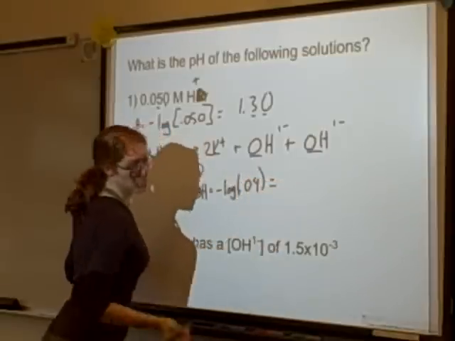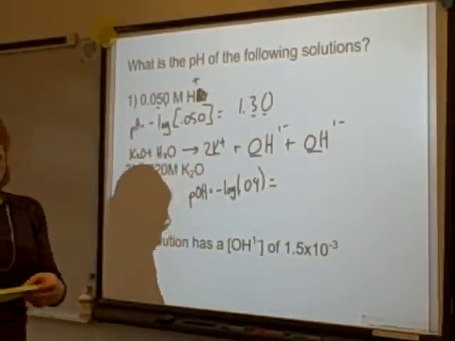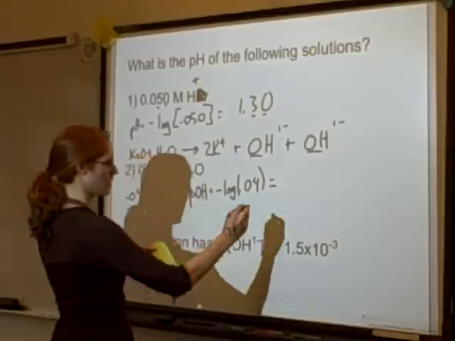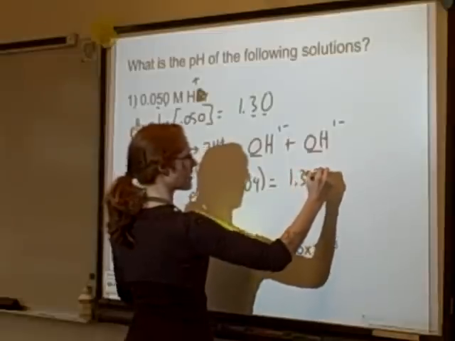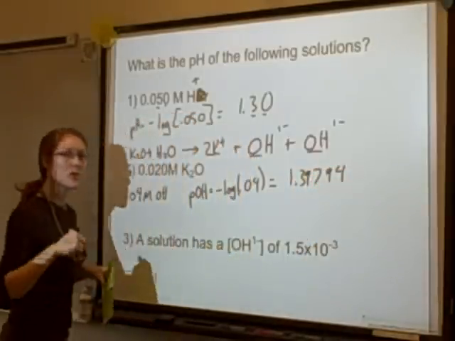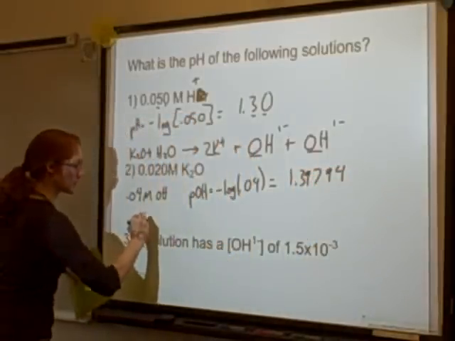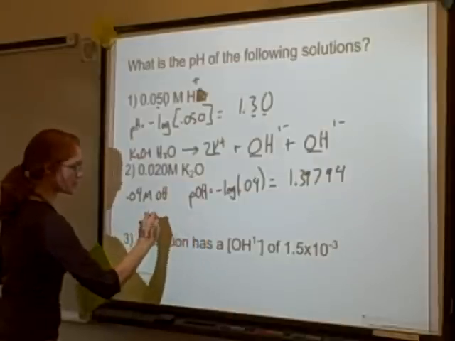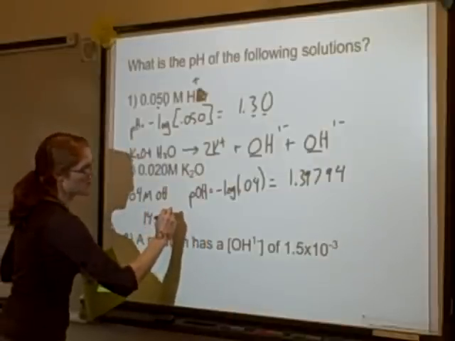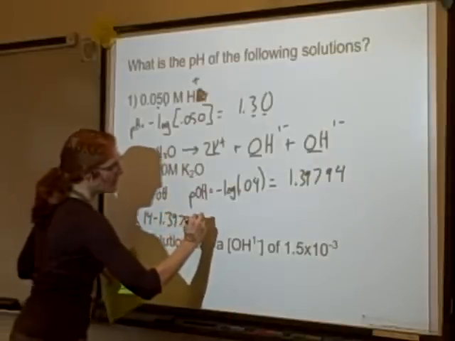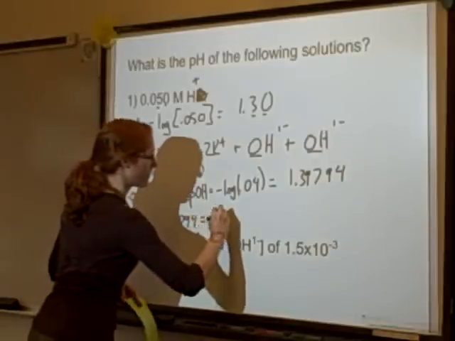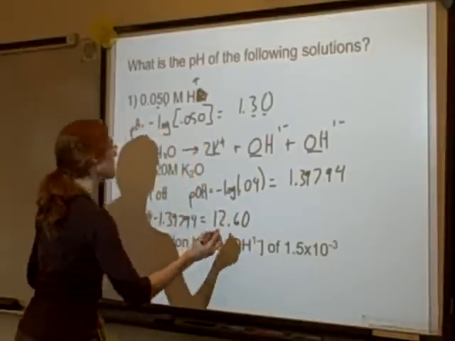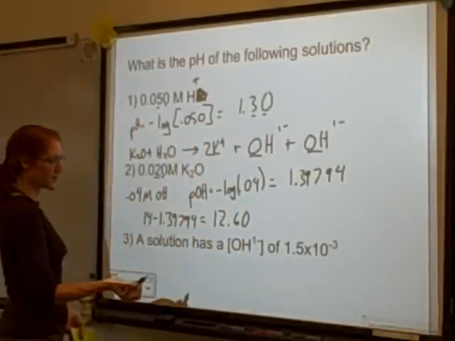I type that in, and I can see the pOH is going to be 1.3979. And again, I know pOH and pH add up to 14, so 14 minus the pOH gives me the pH, and the pH is going to be 12.60. That's 2 sig figs. This had 2 sig figs.